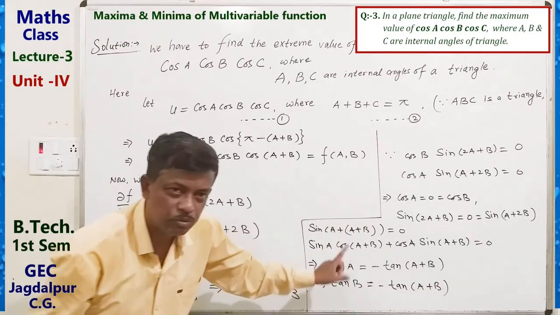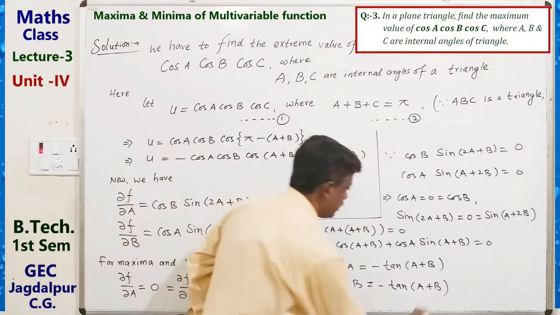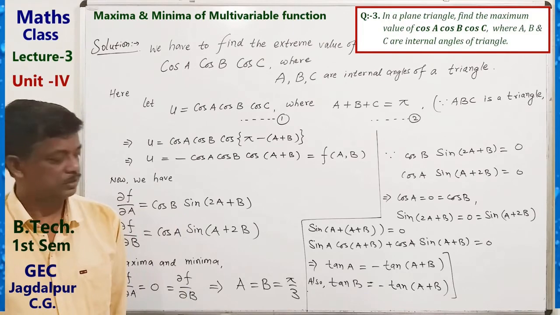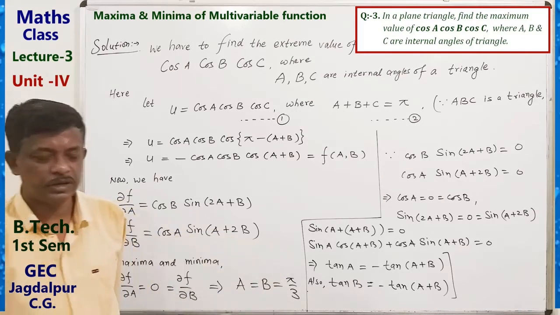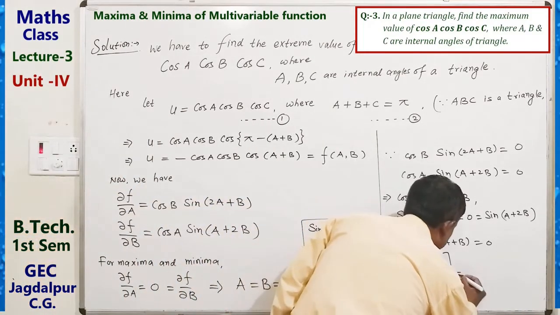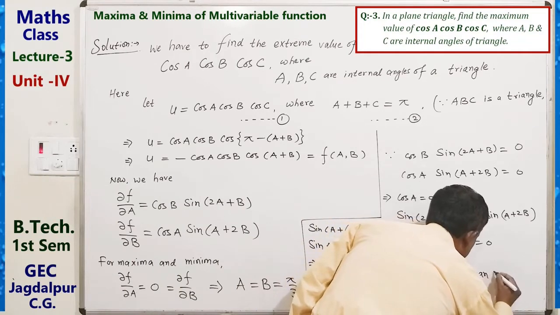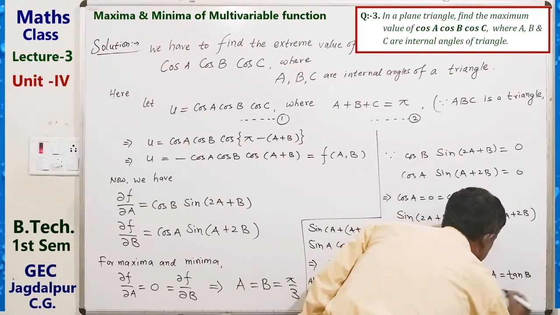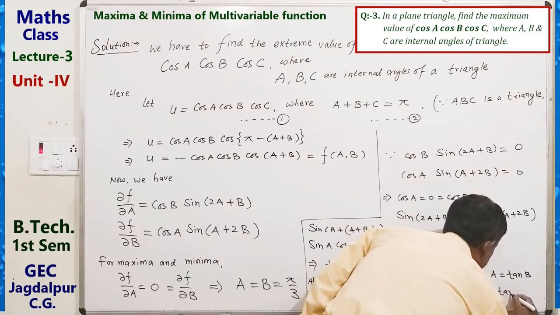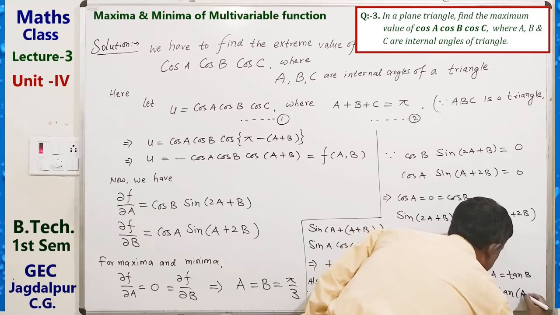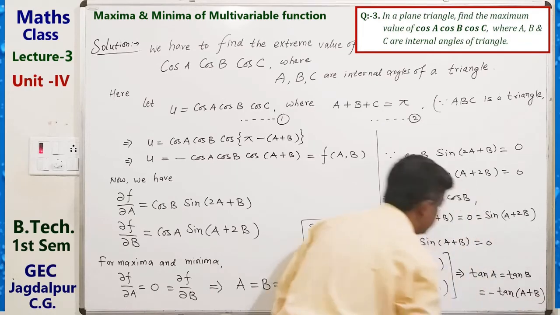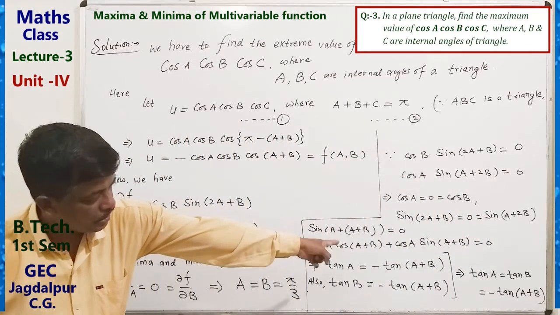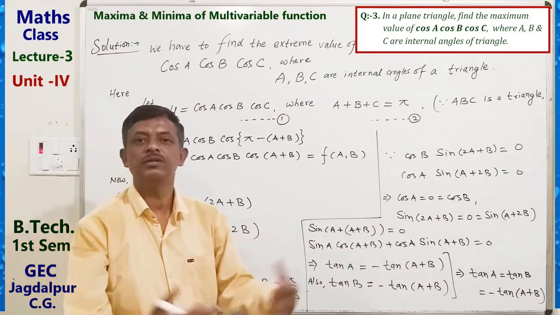Now from these two, tan a equals tan b. From here tan a equals tan b, that means a equals b.